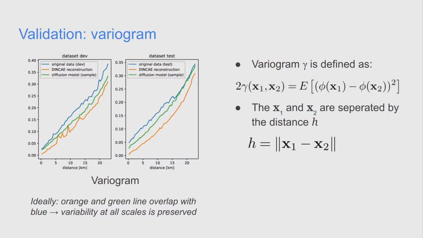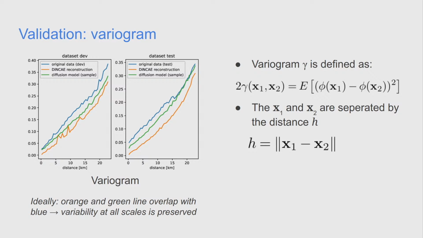And so there are different ways that we can validate this result. Here we're looking at the variogram, which tells you essentially how similar the field is between two grid points. If the distance between two grid points goes to 0, the variance between them should go to 0 as well. How quickly they go to 0 tells you how much information you have at small scales.